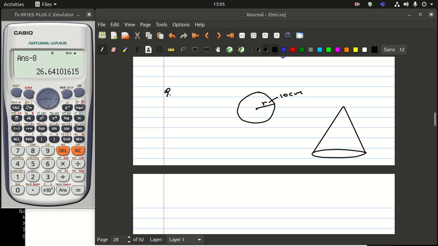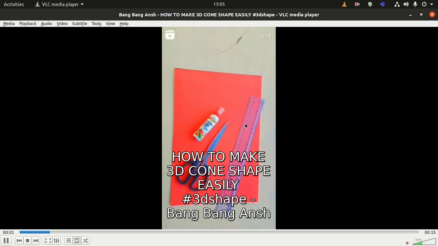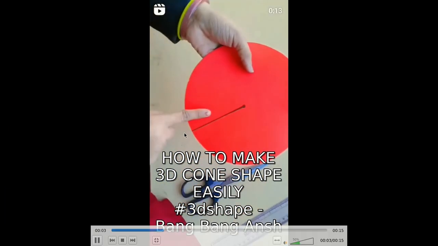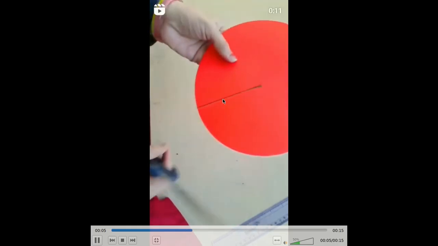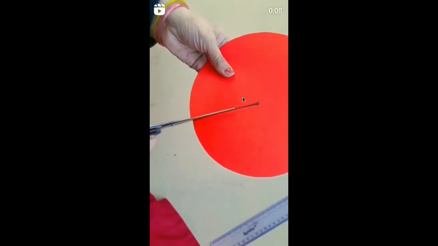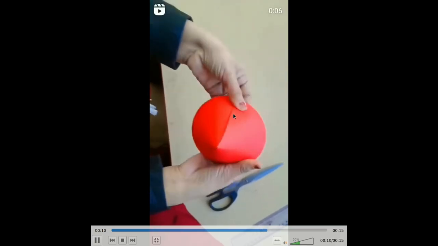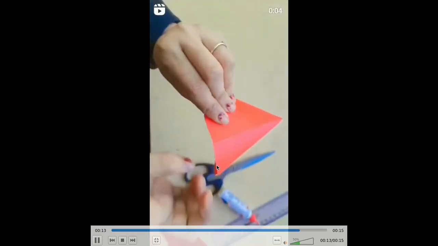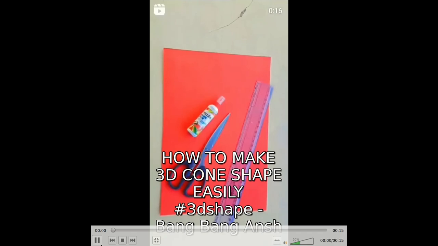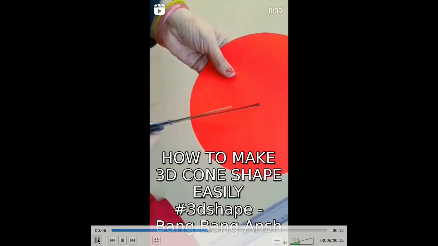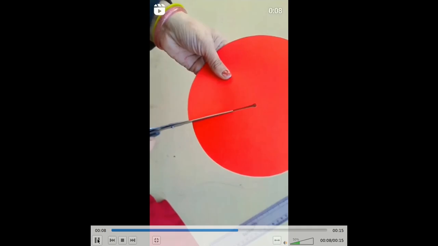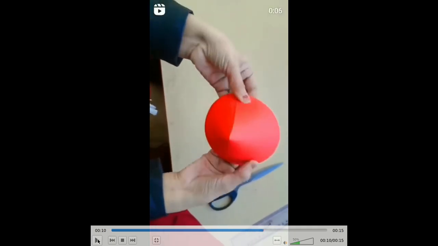I also want to show you something while we are creating this. When you have this circle here, you cut here. This is the radius. Once you cut and fold this side, you can see that the side that was a radius becomes the slant height, or the slant side of the cone.